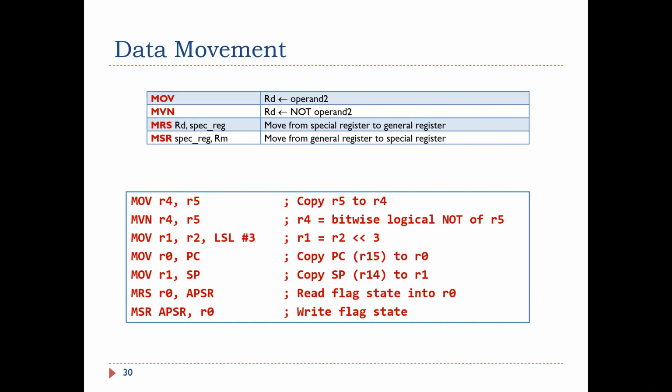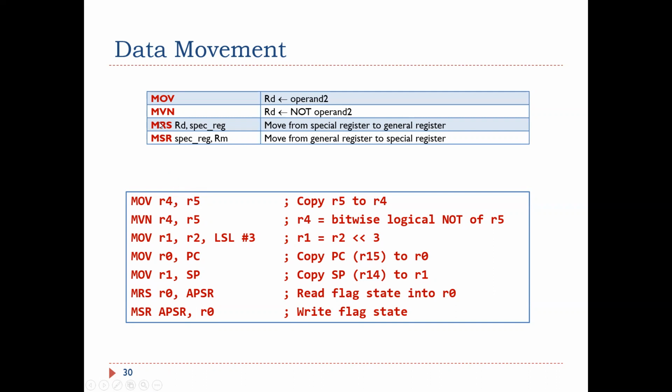This is normally done only for registers. You cannot use the move operation to move data between memory, or from memory to register. Everyone, I think, by this time is familiar with this concept. So here, for example, we are moving the data from R5 to R4.